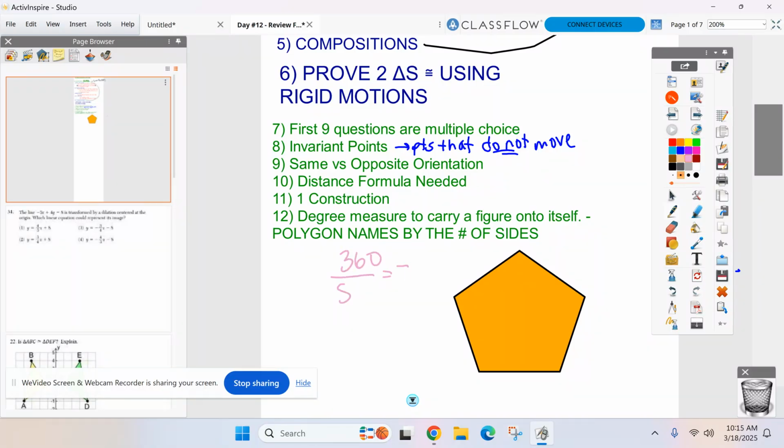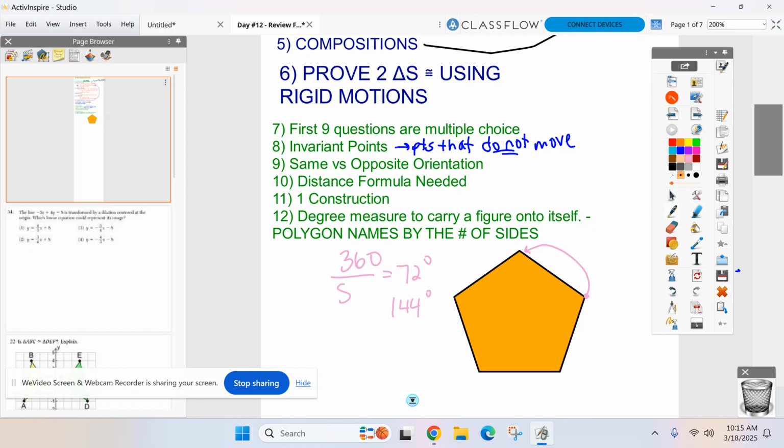So 72 degrees. Is that my only answer? No, that's the minimum amount I could rotate from this vertex to this one. How do you figure out other degree rotations? Multiply 72. Keep doing multiples of 72, right? 144 and then whatever is after that.